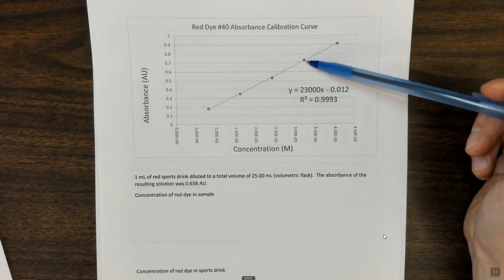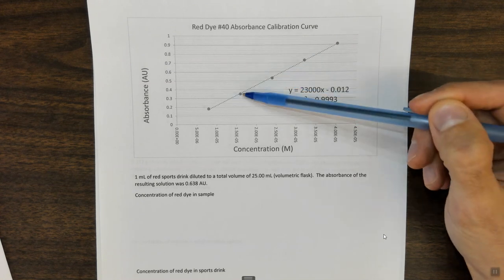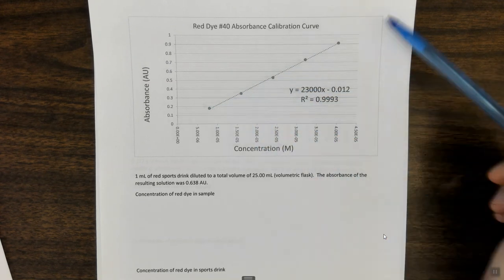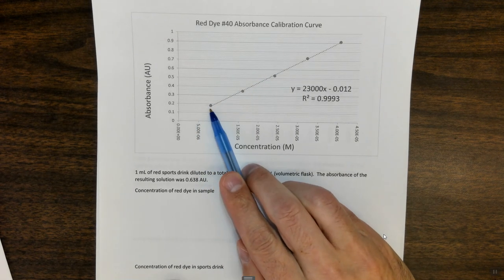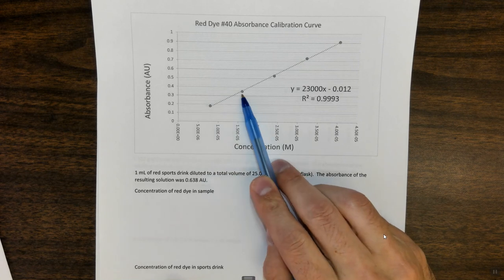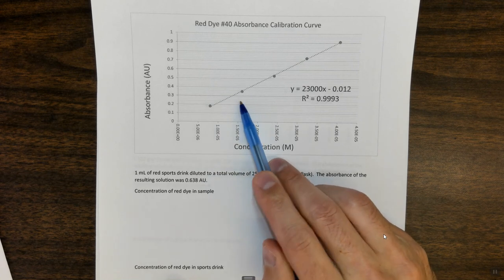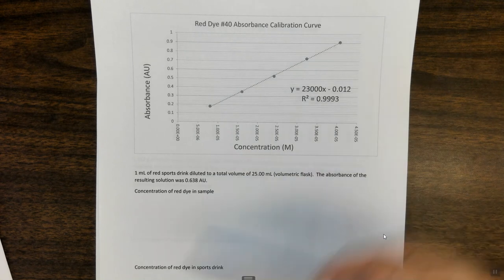Then 80% of the 1 solution and 20% water, 60%, 40%, 20%, something like that. And you could just take 2 mLs in 10 or 5 mLs in 25, 4 mLs in 10 for 40%, or 10 mLs in 25, whatever you want to do to make these solutions on your calibration curve.